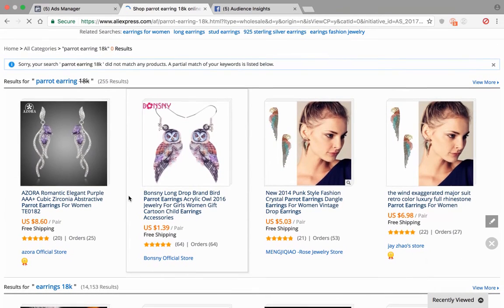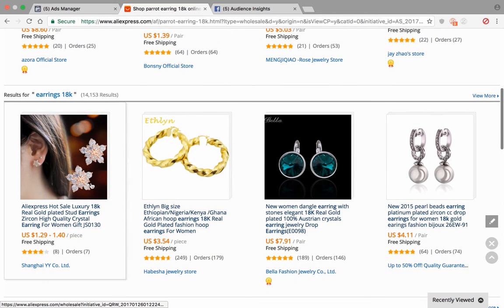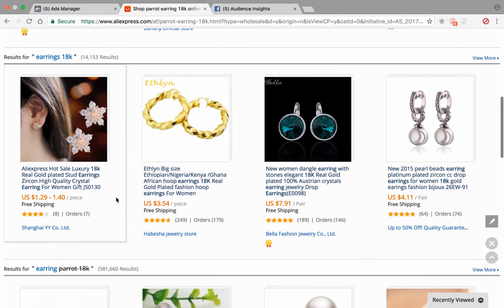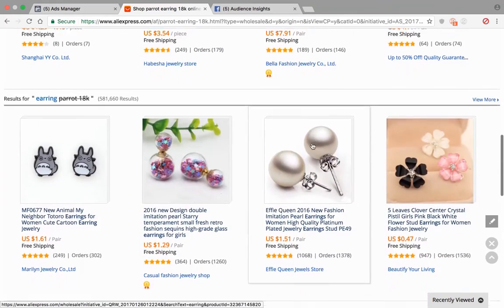So, all right. See, these are really broad. When I look at products like these that look really good, I'm like, all right, well, I can't really find an interest that collects all these people together enough so that when I spend my money, it's going to reach a majority of that audience. So usually I don't go for broad products like this. I would have no idea who to target, so I don't go for them.